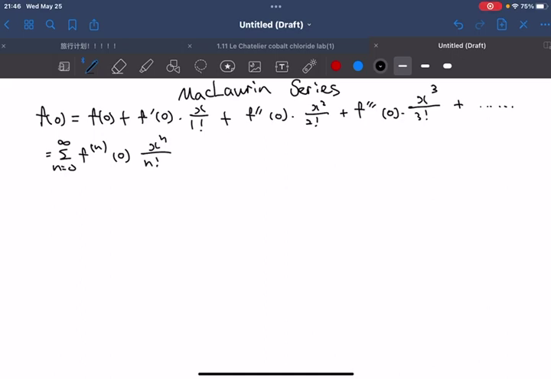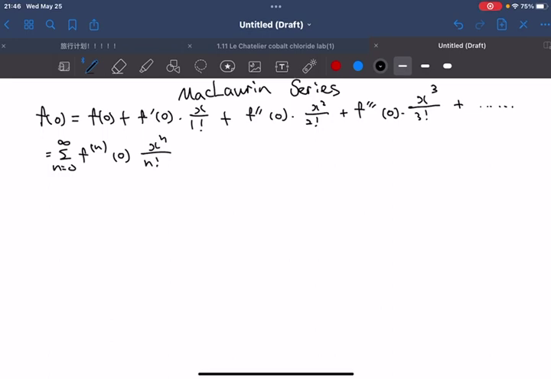So basically, the real application of the Maclaurin series is that when the computer is computing a lot of functions with complicated numbers, they cannot actually be directly calculated.